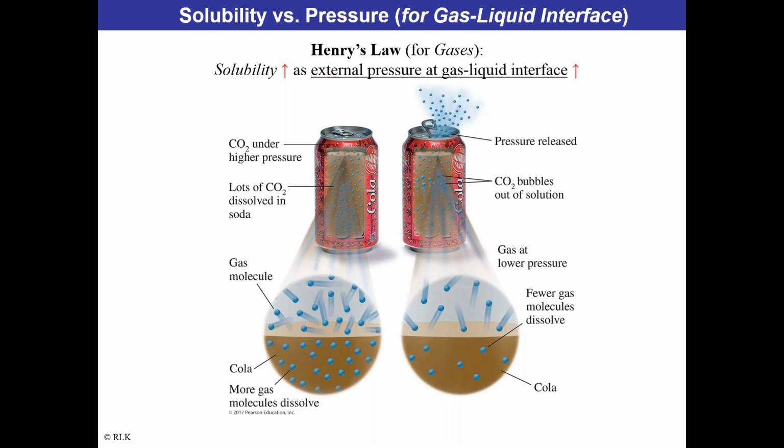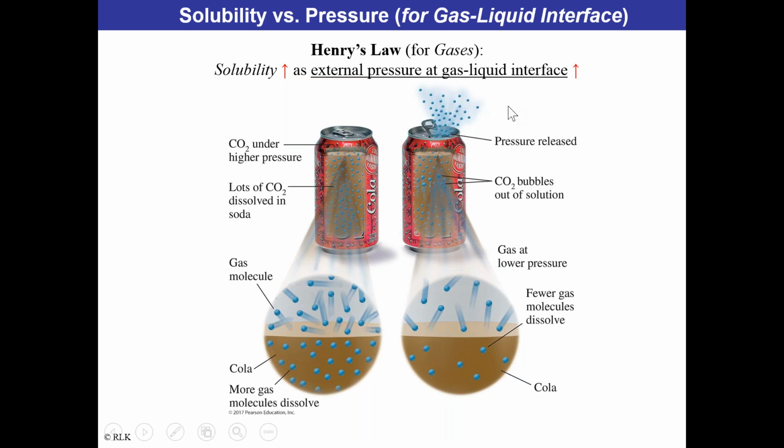Because we know that the solvent of choice in soda, of course, is water. It's not benzene or alcohol or anything else like that, but it is water. So we know that the solubility will decrease as temperature increases. So that is Henry's law, basically. Solubility increases as external pressure at the gas-liquid interface increases.